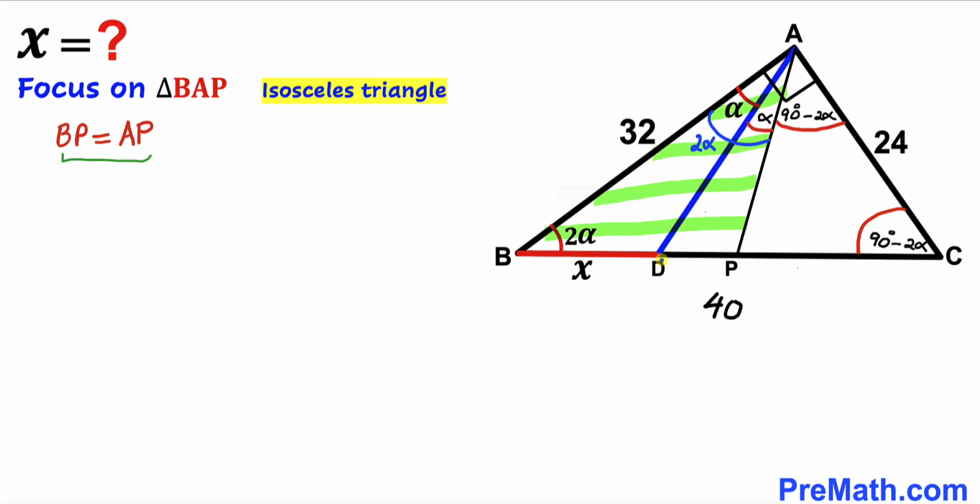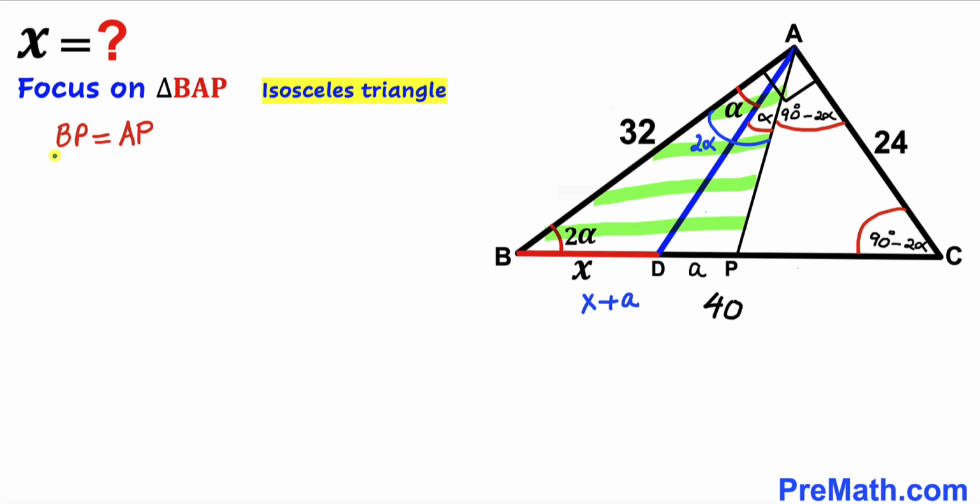Let's assume that this segment DP is a units. Then this whole side BP is going to be x plus lowercase a. So this BP length is going to be x plus a.